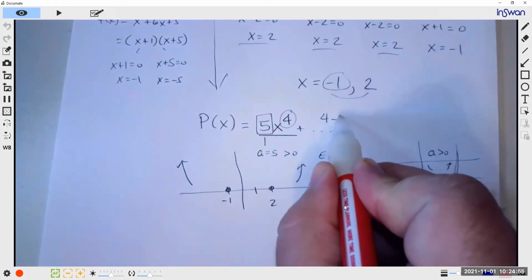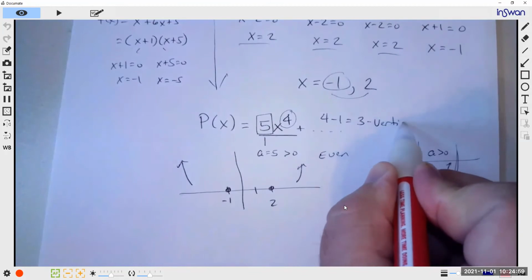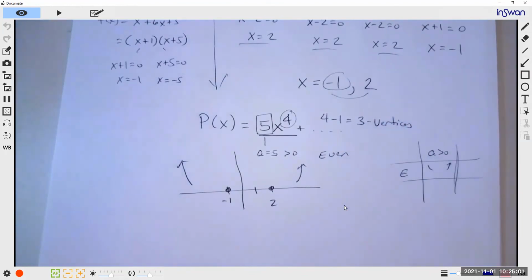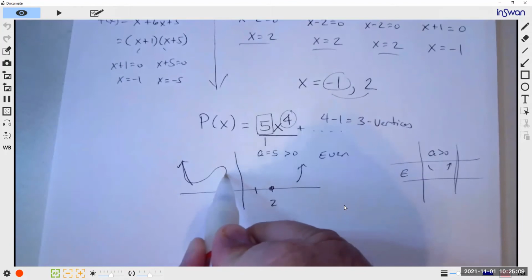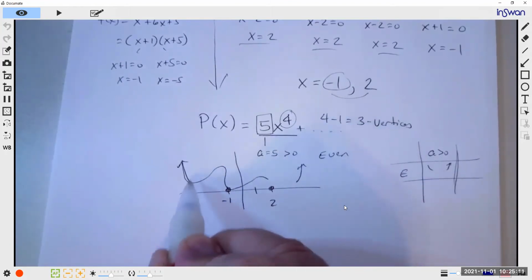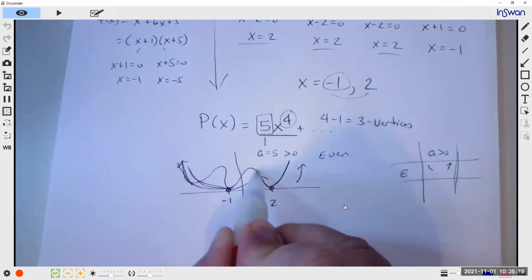And we're going to have 3 vertices. So it could look like this: up, down, up, down.